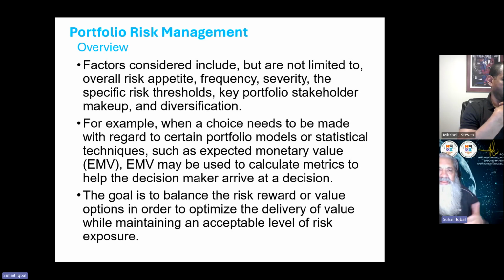Anything beyond that is beyond our absorption. We can't handle it, right? And in a portfolio, such situations are going to be a lot. So we have to steer clear of those risks which can be avoided, should be avoided, and so on and so forth.